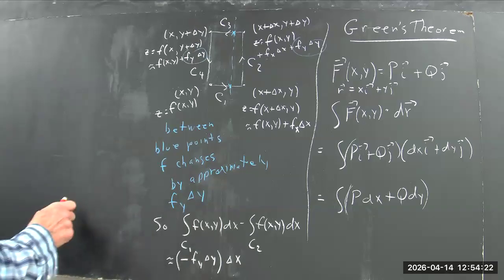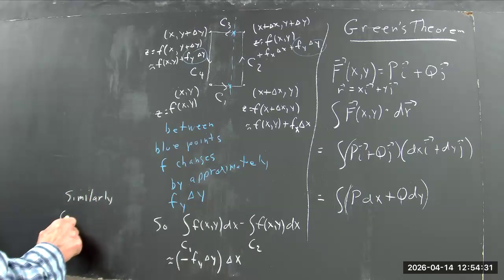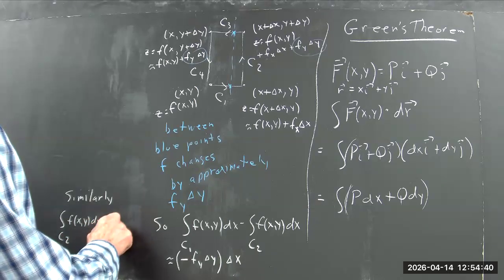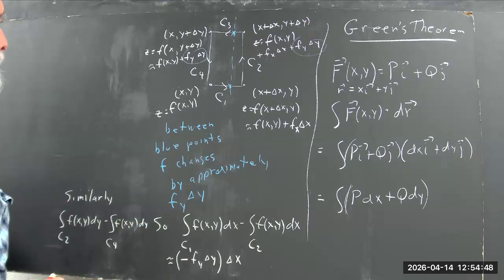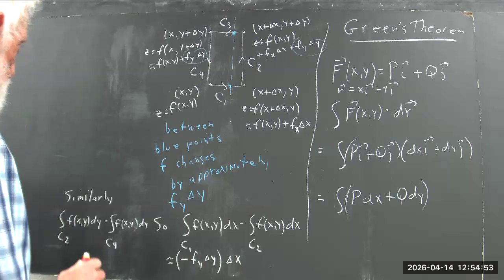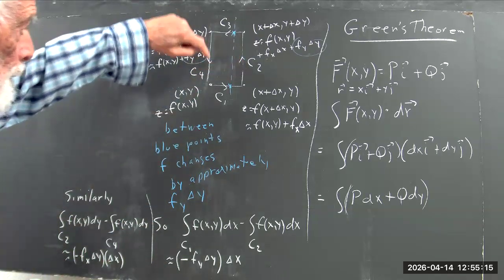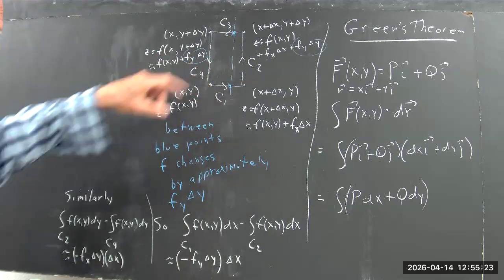Okay. Similarly, between this part of the path and this part of the path, the function is basically about fx delta x greater here than it is here.